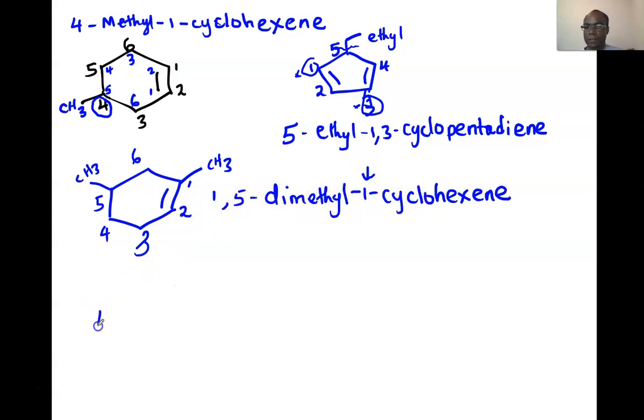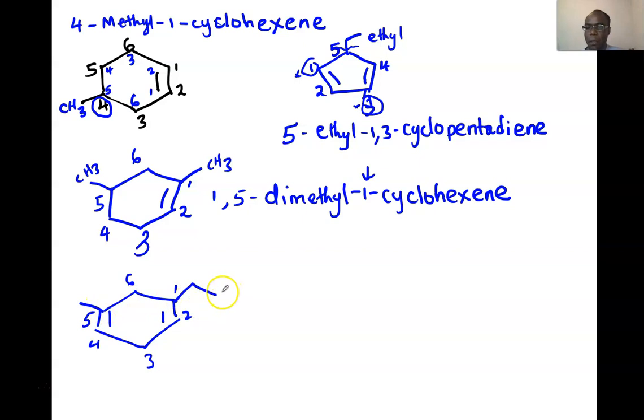Now if you are given such a molecule, the position of the double bond will not help you, because if you start here, it will be 1, 2, 3, 4, 5, and 6. So you can go either way. You can start here or start there.